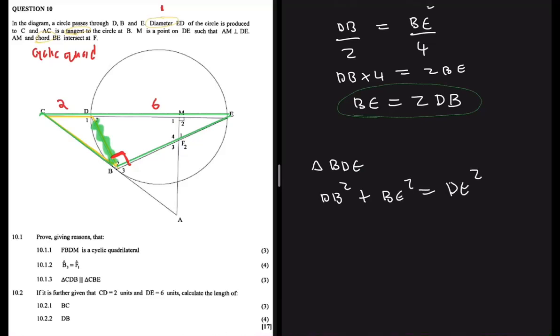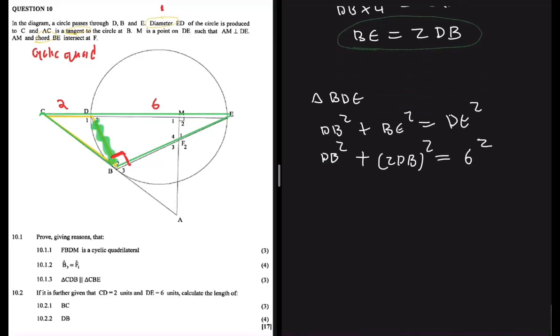But what is DB squared? Because right now we don't know what DB squared is, we're just going to have DB squared, rightfully so, and in place of BE we're going to put 2DB, because that's what the proportionality told us, right? So if you realize, now we're going to be solving for DB. So what is DE? DE is 6, so we're going to have 6 squared.